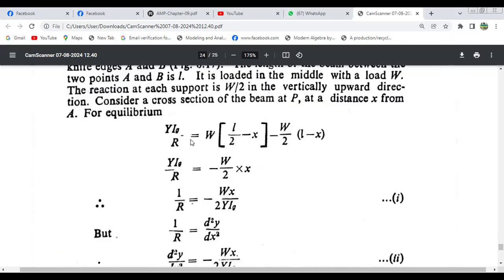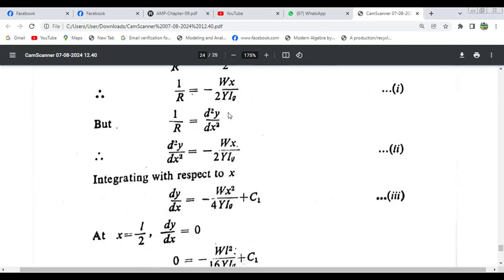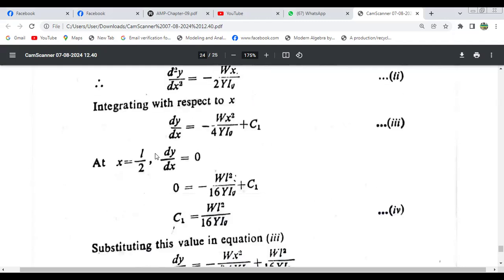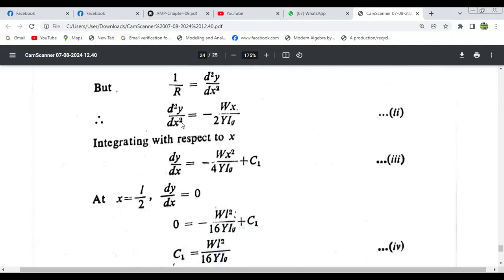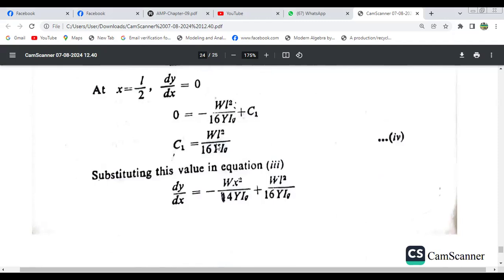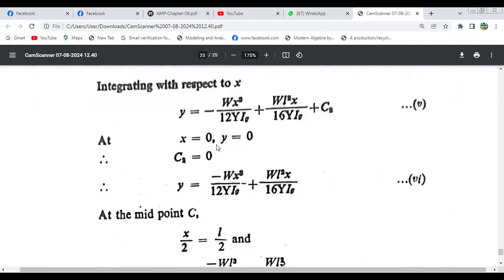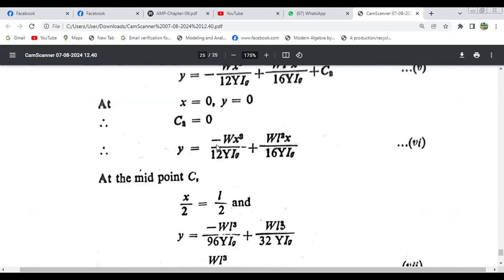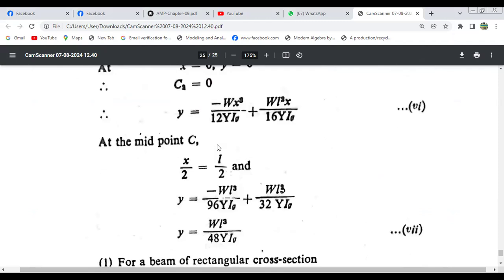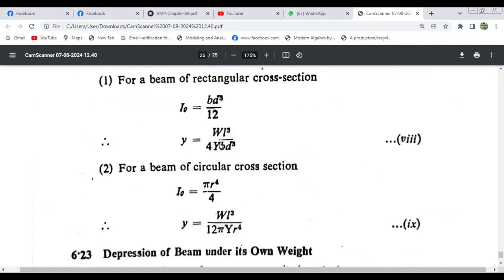So at equilibrium point we get this, and 1 by r equals this one, but again 1 by r equals d square y over dx square. So just a differential equation, second order. So similarly we get C1 this, and substituting we can, so this is the calculation for the beam of a circular cross section.